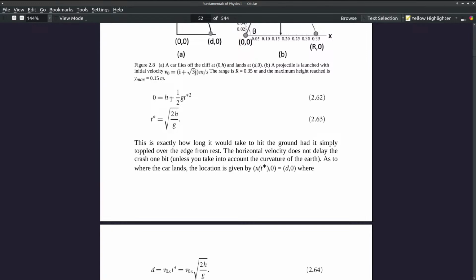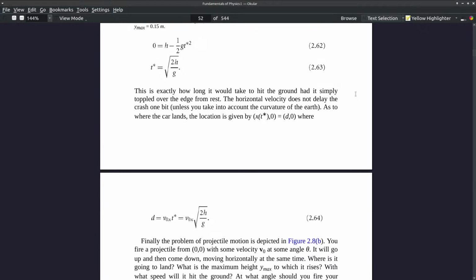So 0 equals h minus 1/2 g t star squared, and t star equals the square root of 2h over g. This is exactly how long it would take to hit the ground had it simply toppled over the edge from rest. The horizontal velocity does not delay the crash one bit unless you take into account the curvature of the Earth.